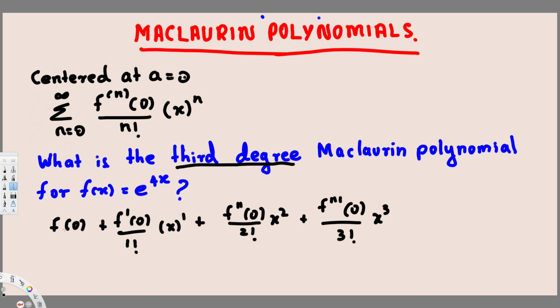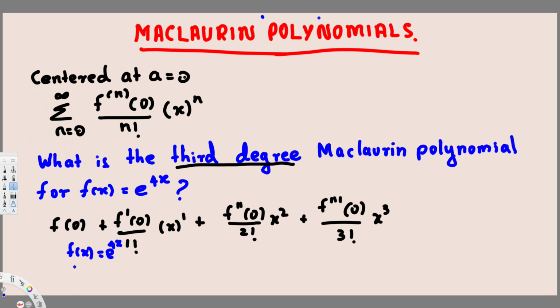So we begin with f of 0. Before I write f of 0, let's write f of x. f of x is equal to e to the power 4x. That's our function provided in the question.